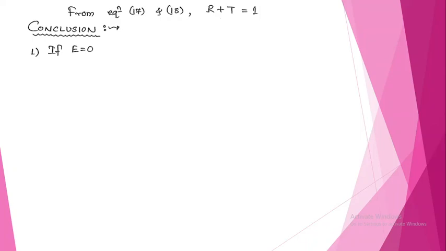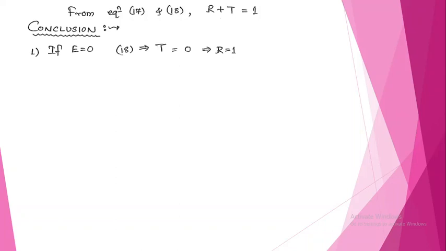First, what happens if energy is equal to 0? In that case, we can observe that T, the transmission coefficient defined by equation number 18, is equal to 0, because the denominator term will be equal to infinity.